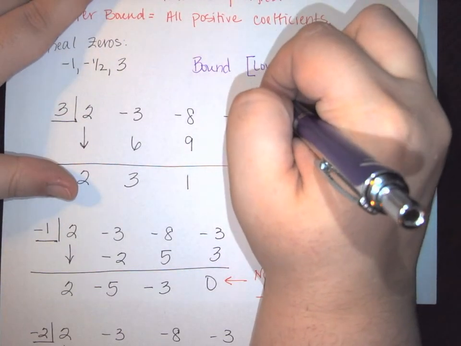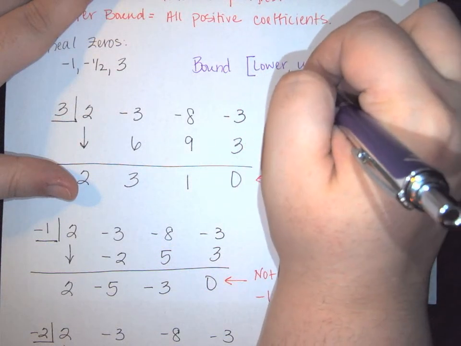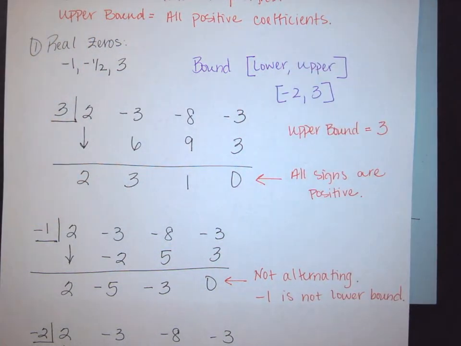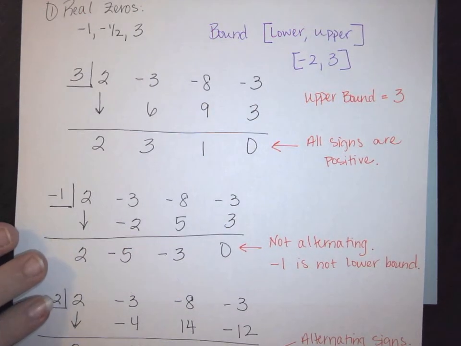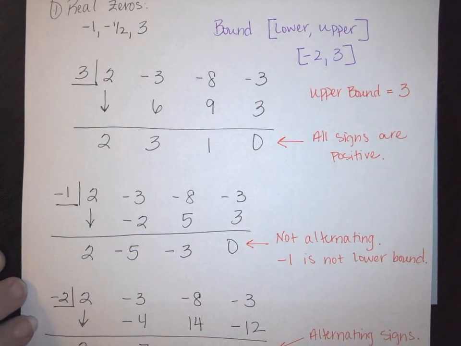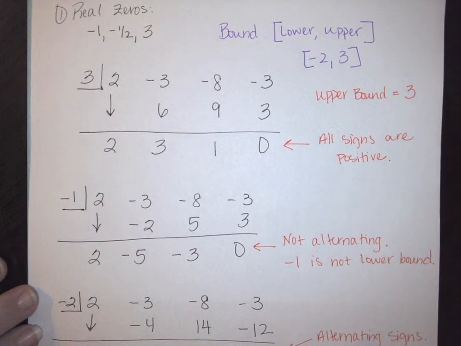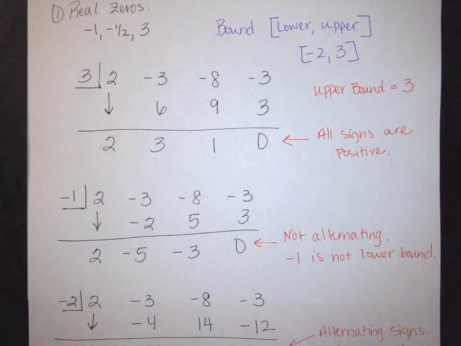Then to test for your lower bound, you're going to start with your lowest, most negative value, and you're going to run synthetic division, and you're looking for alternating signs. Remember, in either case, either upper or lower bounds, if your zero is not the bound, then you will either go one more positive or one more negative and test your synthetic division again.